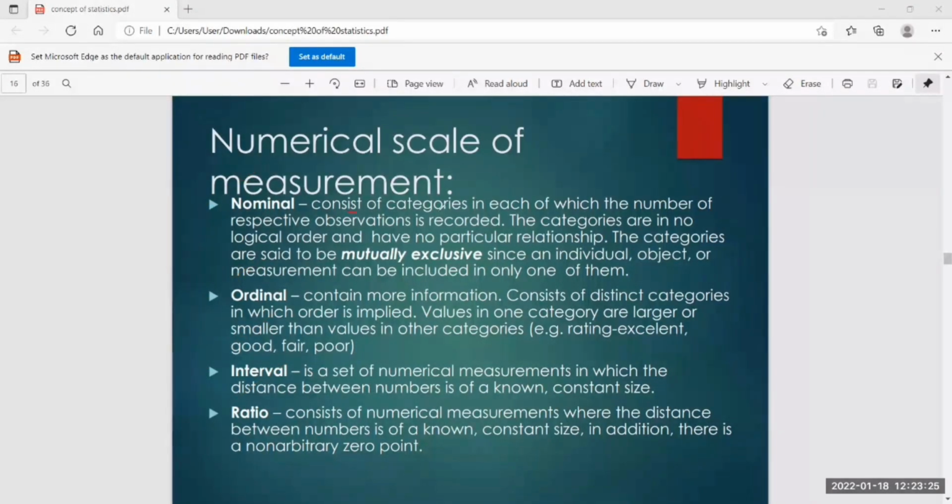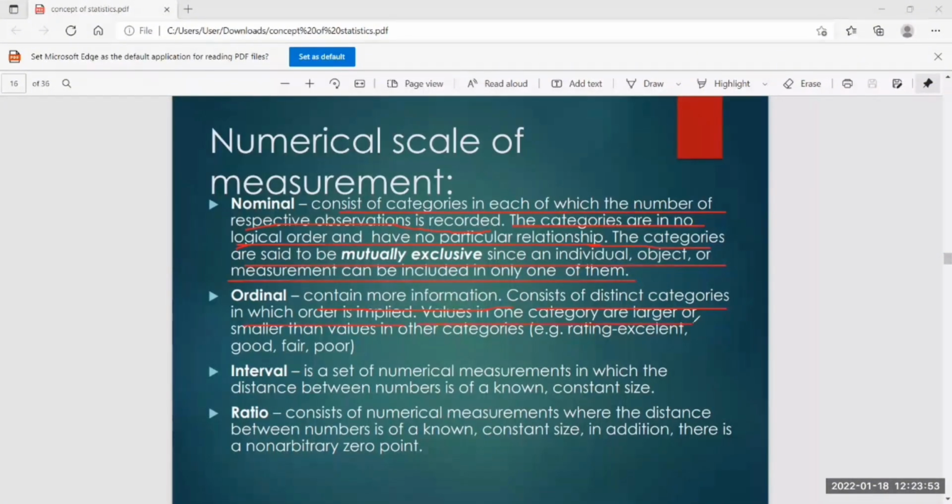Okay, the nominal consists of categories on each of which the number of respective observations is recorded, and the categories are in no logical order and have no particular relationships. And the categories are said to be mutually exclusive, since an individual object or measurement can be included in only one of them. The ordinal contains more information and consists of distinct categories in which order is implied.